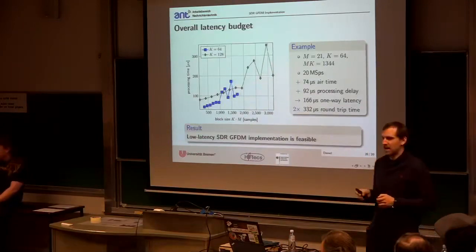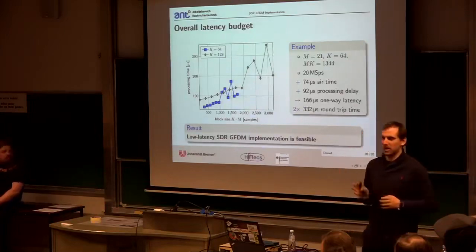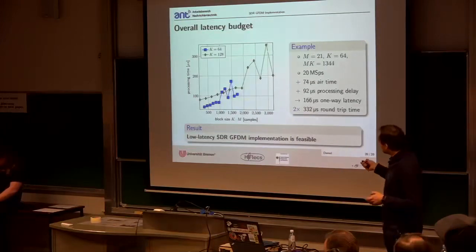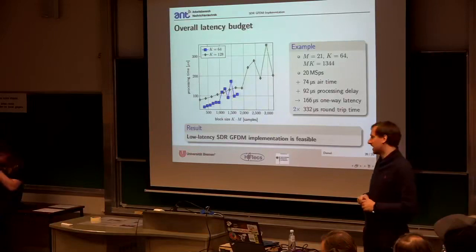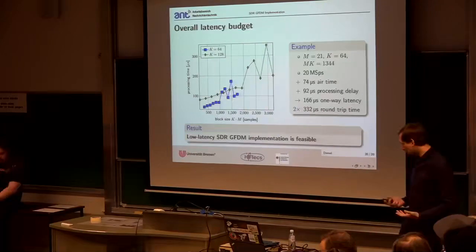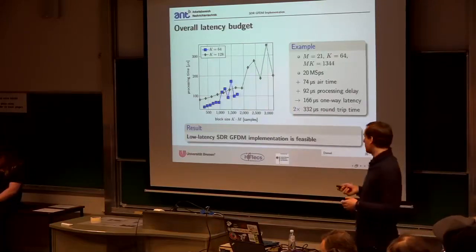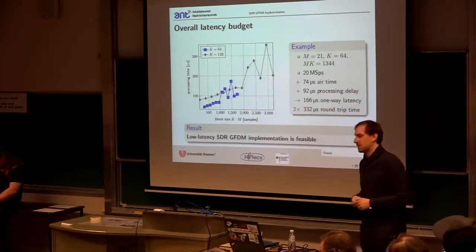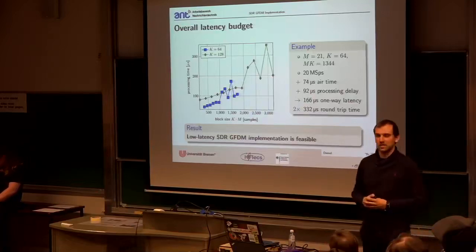And then in the end, if we think back of this circle in the beginning, our round trip time will be somewhere in that range, so 330 microseconds. So that's what we need to expect from such a system. And that in turn proves the point that we can actually do a low latency SDR implementation with the radio. And thanks for your attention.